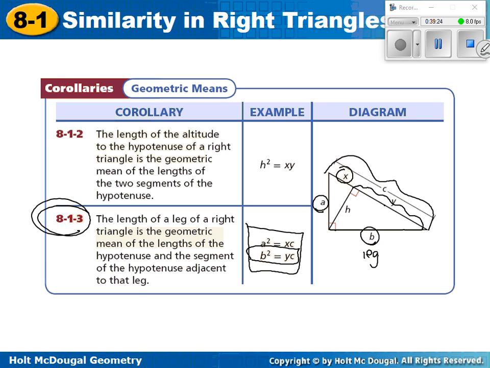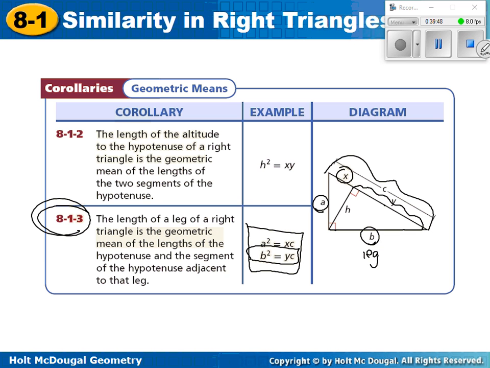The other part of the hypotenuse. So the altitude squared will always equal part of the hypotenuse times the other part of the hypotenuse. And those are your two shortcuts that you can now use to solve pictures for missing parts of the triangle.